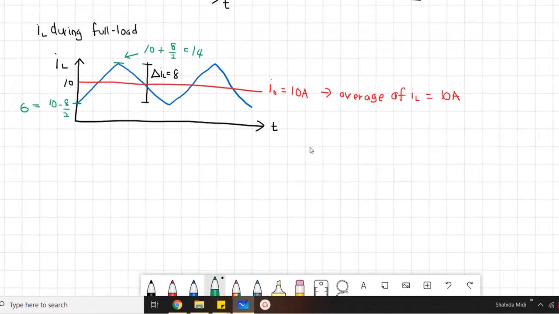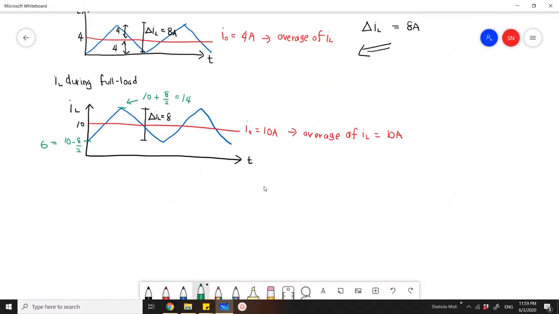Continuing from there, we can derive the waveform for IS, the switch current, ISW. As previously discussed, during on, ISW is equivalent to IL.